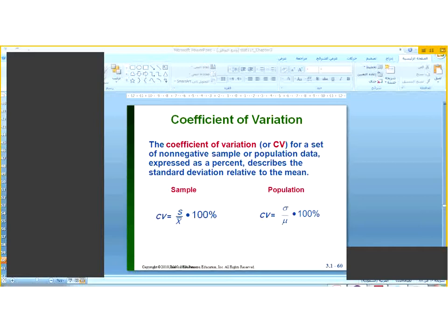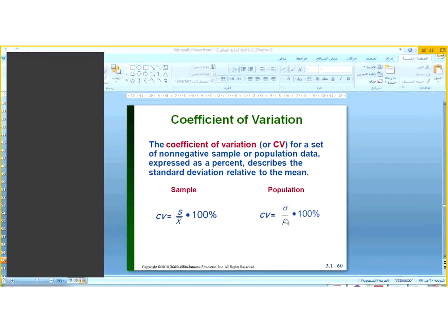If the means are equal and they have the same units, we compare using the standard deviation. But if they have different means, use the coefficient of variation to compare the variation between the two populations or the two samples. For example, the first has a coefficient of 60% and the second 50%.